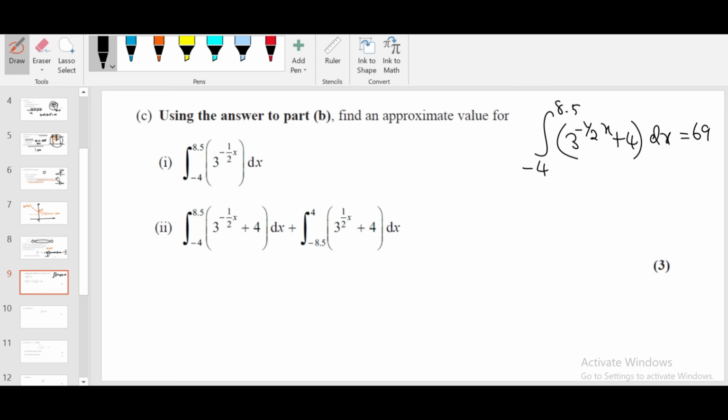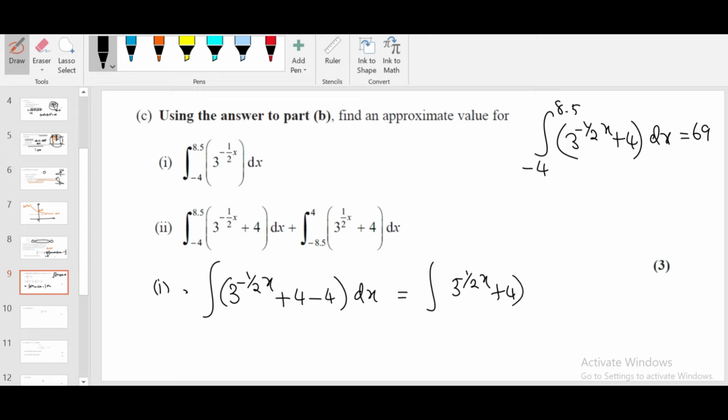So what I'm going to do is add a 4 and subtract a 4, and then split it: integral of 3 to the power minus half x plus 4 dx minus integral of 4 dx. So split it.